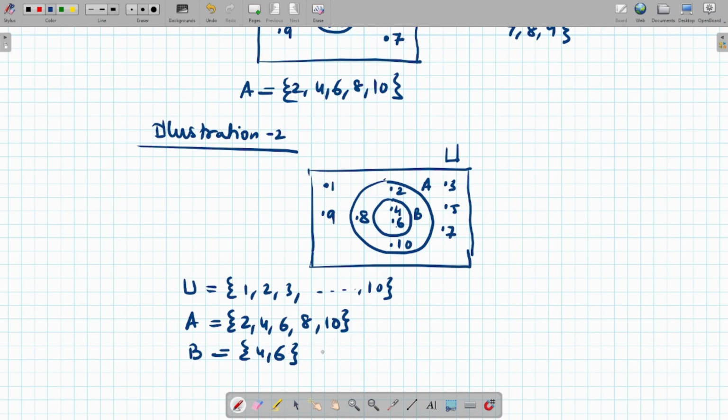These are the subsets. So we can say B is a subset of A. Okay, so this is the way to represent sets as part of Venn diagram. Okay, so I hope you must have understood this topic.